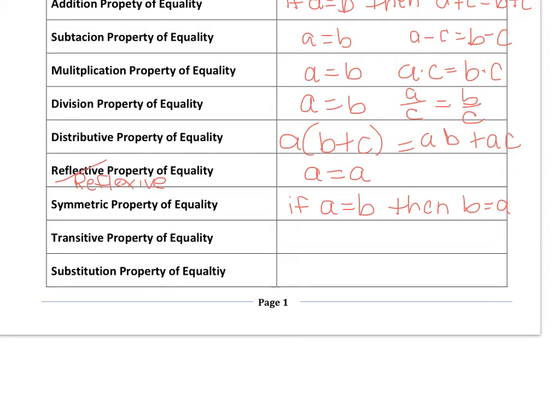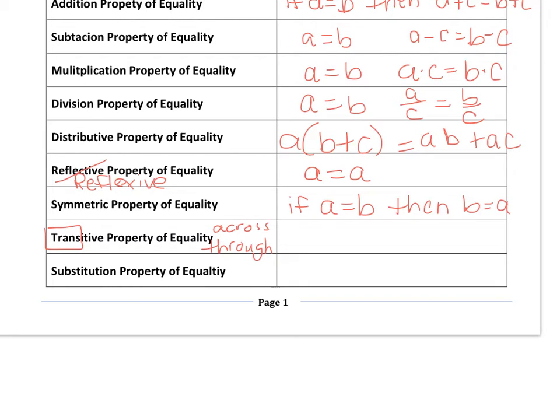Transitive property of equality. Think about the root word trans, which actually means across or through. If you think of the transcontinental railroad, that means the railroad goes across the continent. Or transport, you're moving goods across a particular distance.